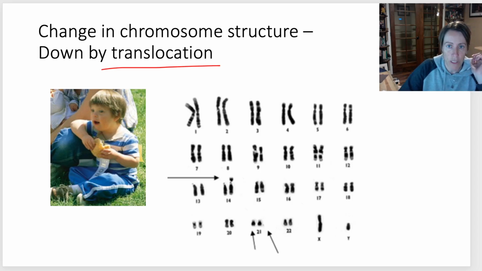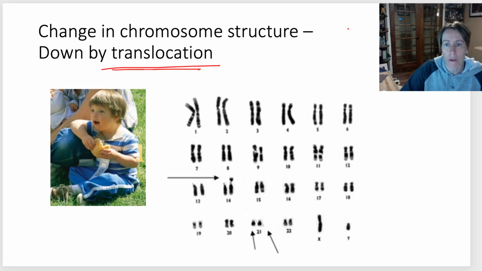So the first example of a translocation is a type of Down syndrome. There's actually two different ways that Down syndrome can occur. We're going to look at the other one in a later video, but for now we're going to look at the translocation way. So Down syndrome is always due to an extra part of chromosome 21.